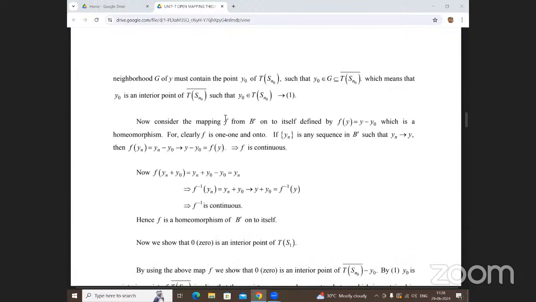Now consider the mapping F from B' onto itself, because an onto map means the image is also represented as the image of this part. Now F is any one of the mappings defined from B' onto itself.